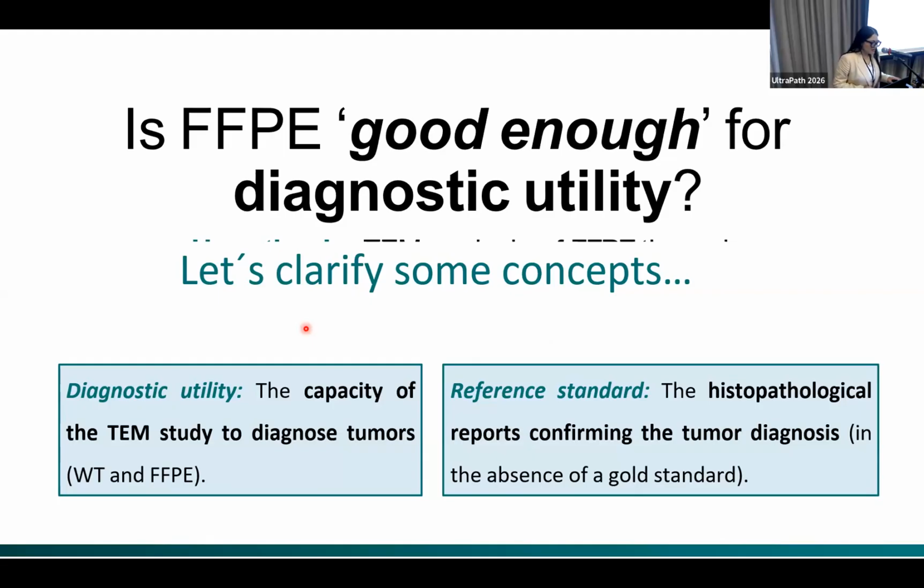And we have these two groups, the wet tissue and the FFPE tissue. And we use as a reference standard the histopathological reports confirming the tumor diagnosis. And this is because, given the nature of the cases where this study was conducted, it is impossible to control all the initial fixation in the tumors.